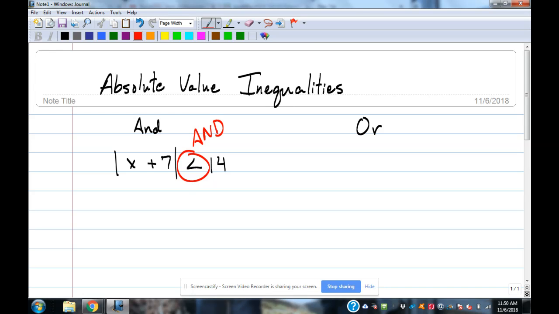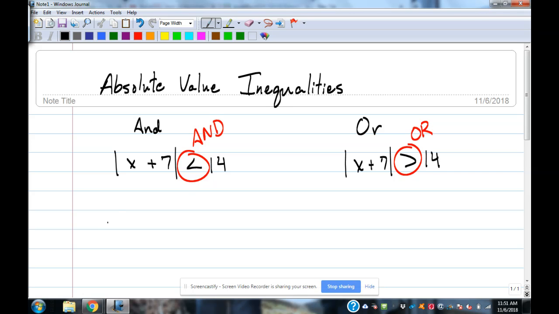So an or problem would have what symbol in it? Greater than. This greater than symbol tells us it's an or problem. Less than, or less than or equal to, are also and problems. Greater than symbols are or problems.